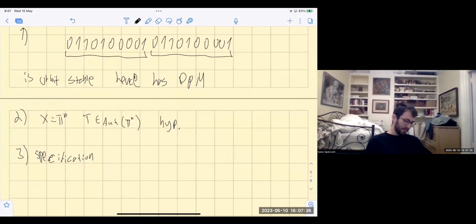So when you have a hyperbolic system, by the way, like I said, T is in GL_n(Z).